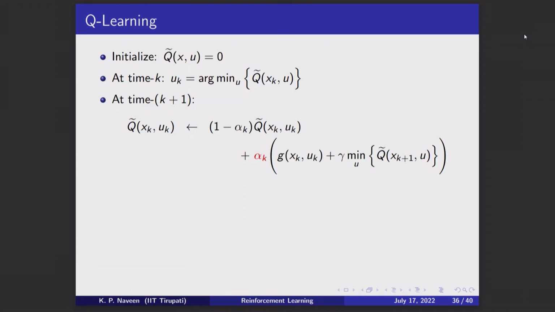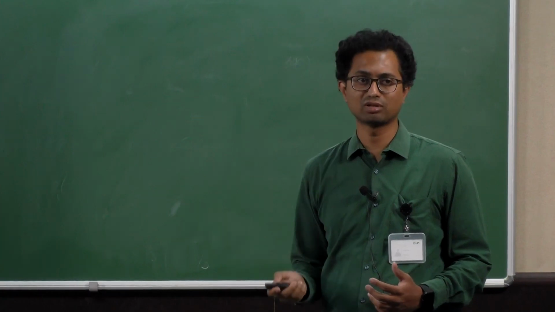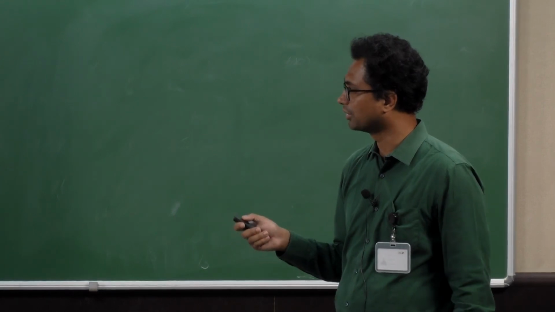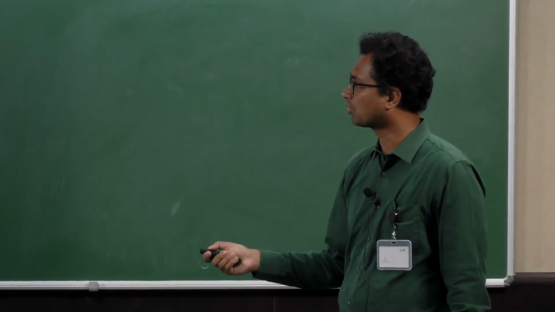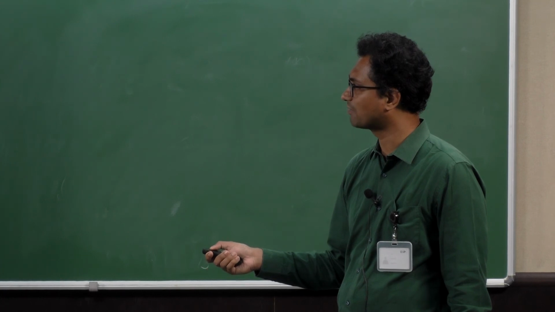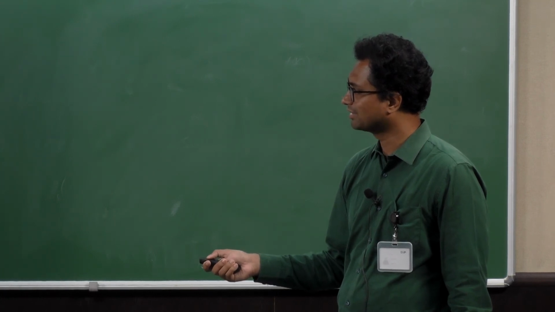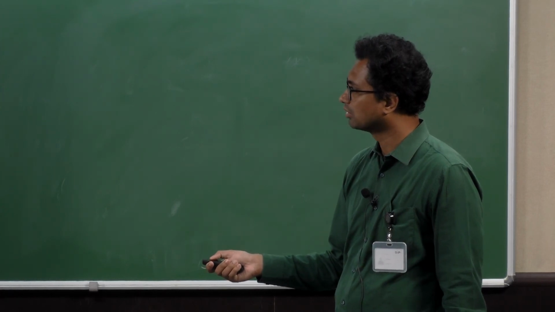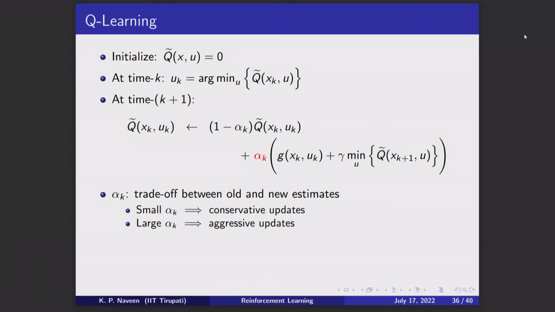So let's slightly dig into this equation and look at this parameter alpha k. Like any learning algorithm, there are parameters here, so it's about using the right set of parameters. What is this quantity alpha k? It's essentially used to trade off between old and new estimates for Q. If you use a small value of alpha k, what would happen?